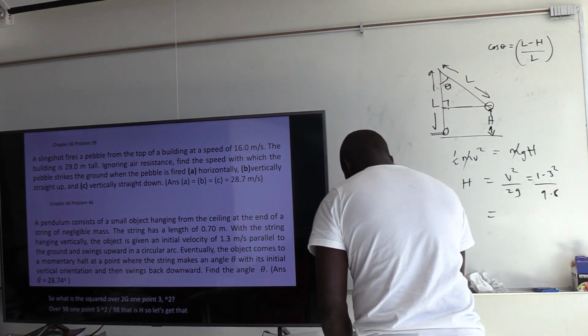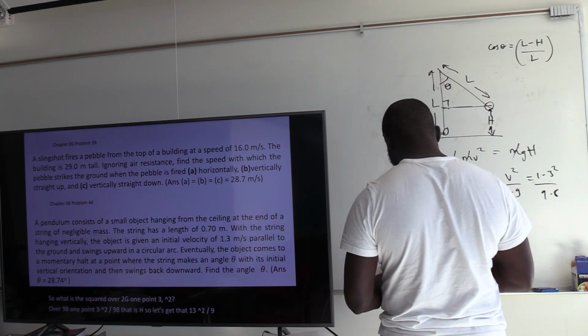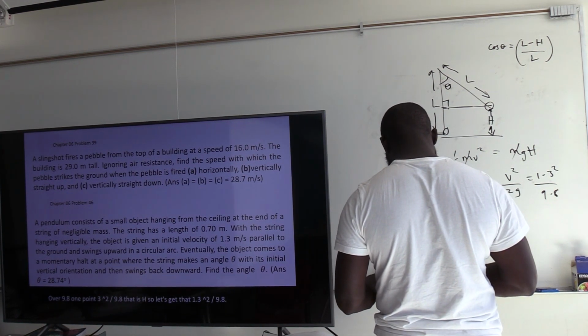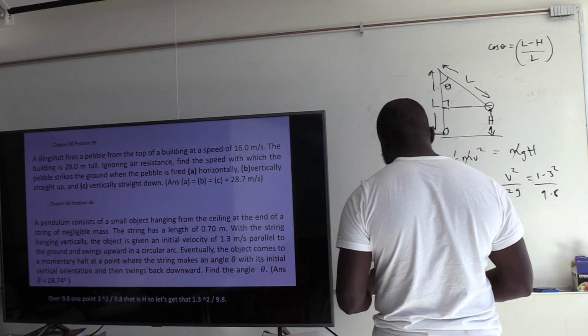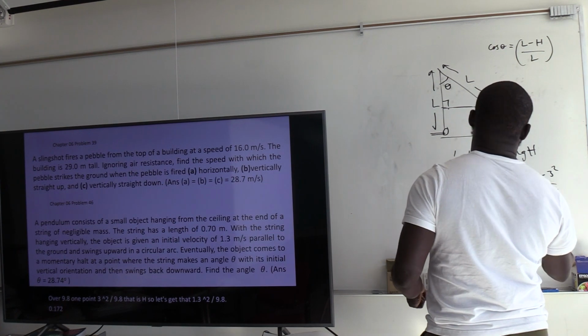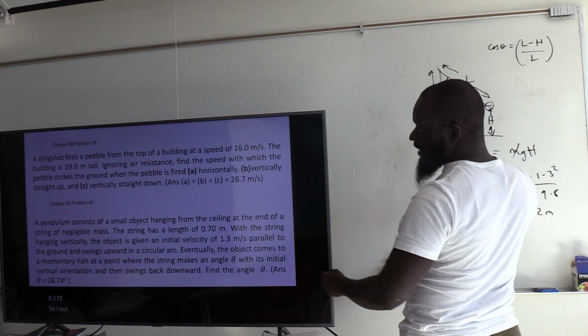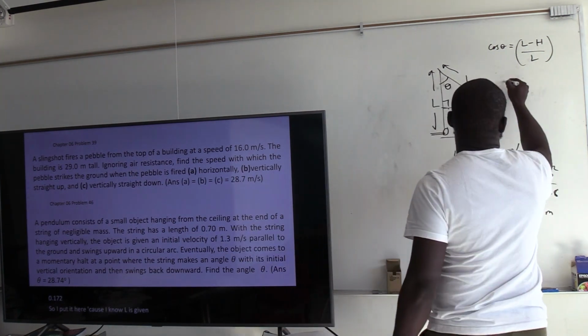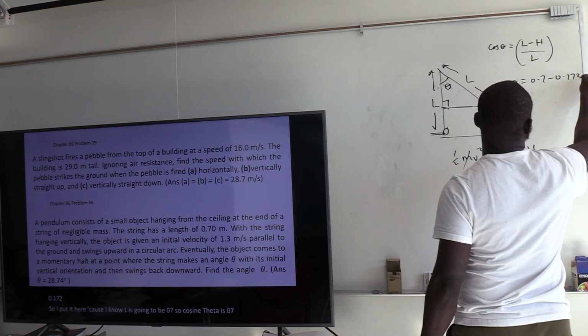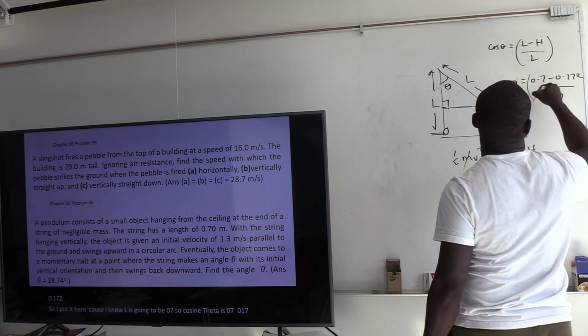So let's get that. 1.3 squared divided by 9.8 is 0.172. So I put it here because I know L. L is given to be 0.7. So cosine theta is 0.7 minus 0.172, over 0.7.